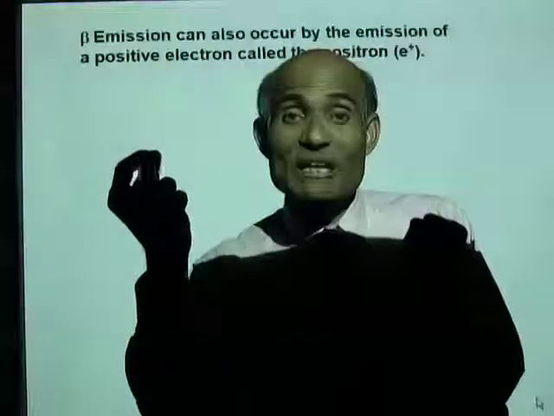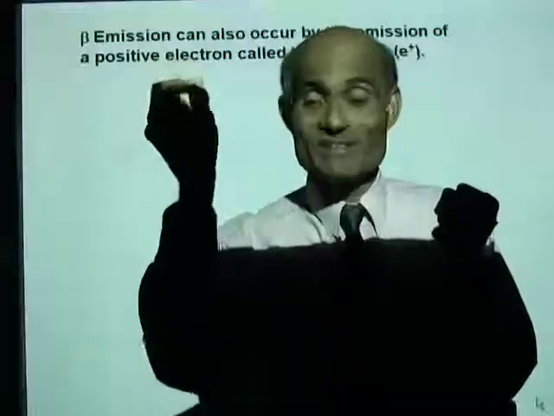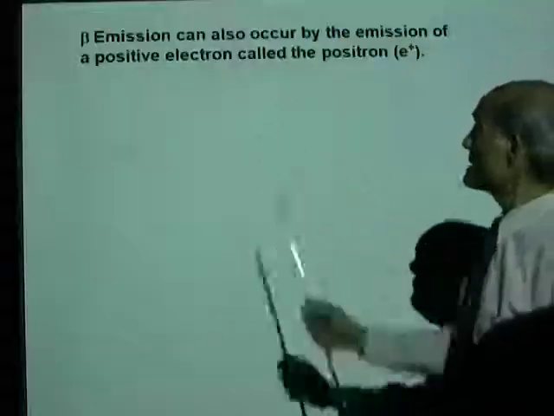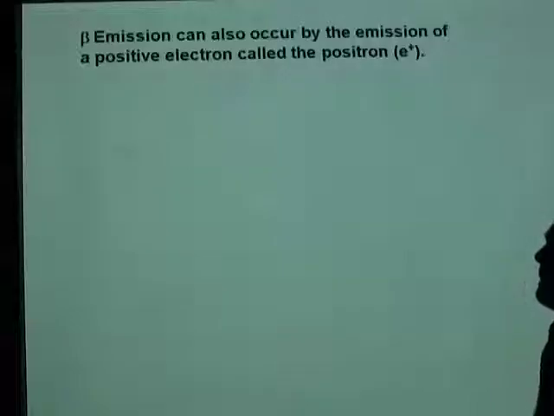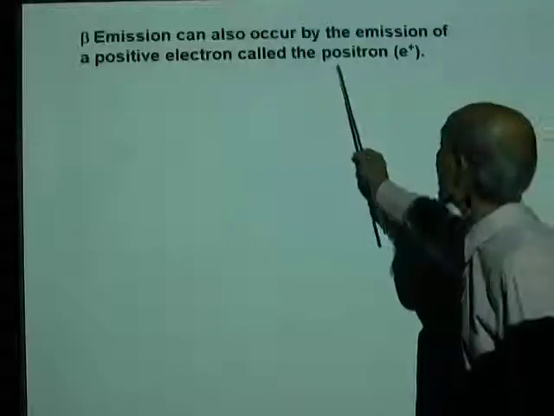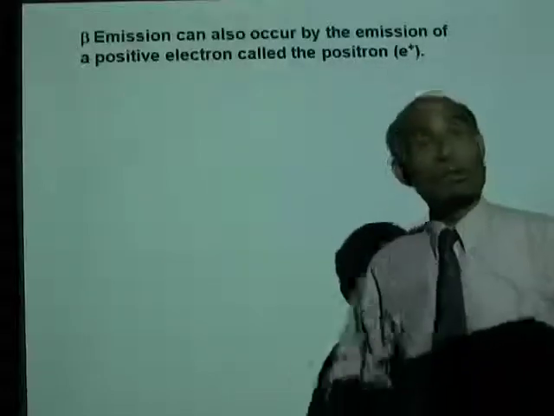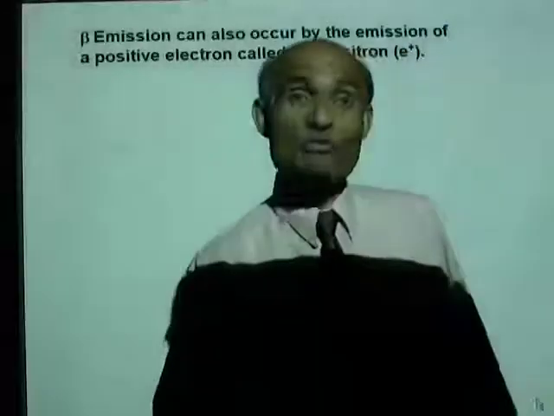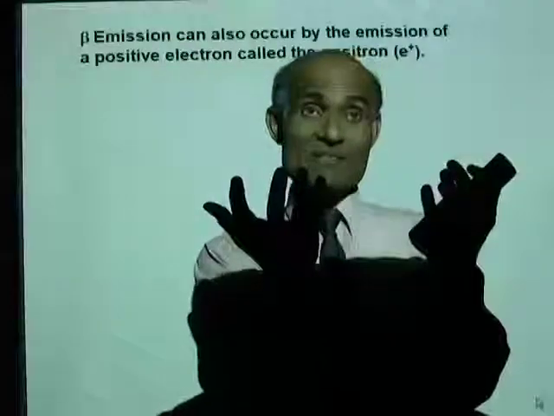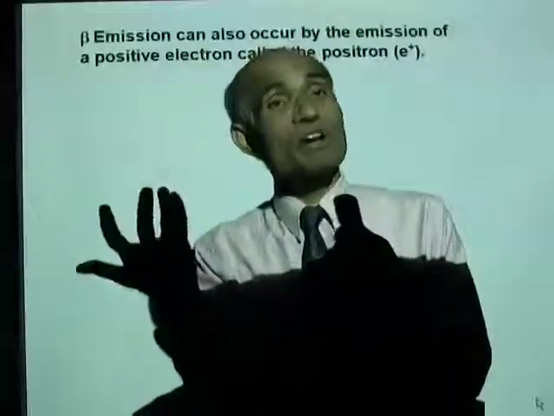A particle that carries a positive charge. Well, that is also possible. So beta emission can also occur by the emission of a positive electron, and we call such an electron a positron. A positron is the opposite of the electron, it has the same mass but positive charge.